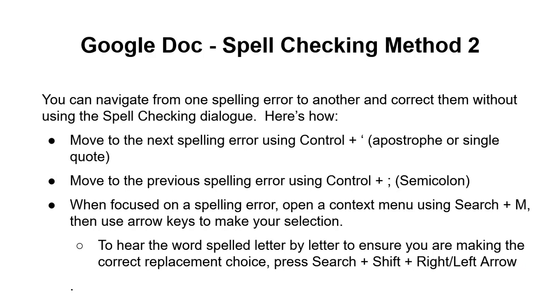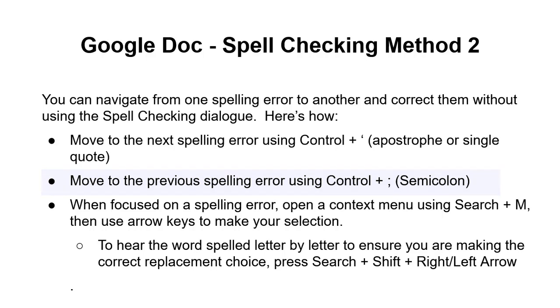Another method is that you can navigate from spelling error to spelling error and correct them without actually opening that spell check dialog box. And here's how to do that. You're going to move to the next spelling error using Control and the apostrophe or the single quote. Then you're going to move to the previous spelling error using Control plus the semicolon.